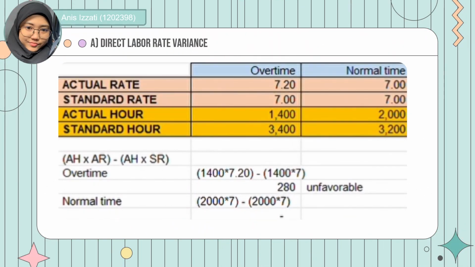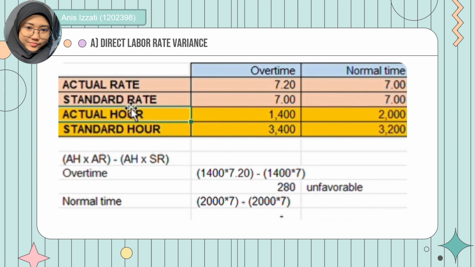So we have to find the direct labor rate variance. Here, we have analyzed the actual rate given for these two times, overtime and also the normal time. The actual rate for overtime is 7 ringgit and 20 cent, and for the normal time, the actual rate is 7 ringgit.